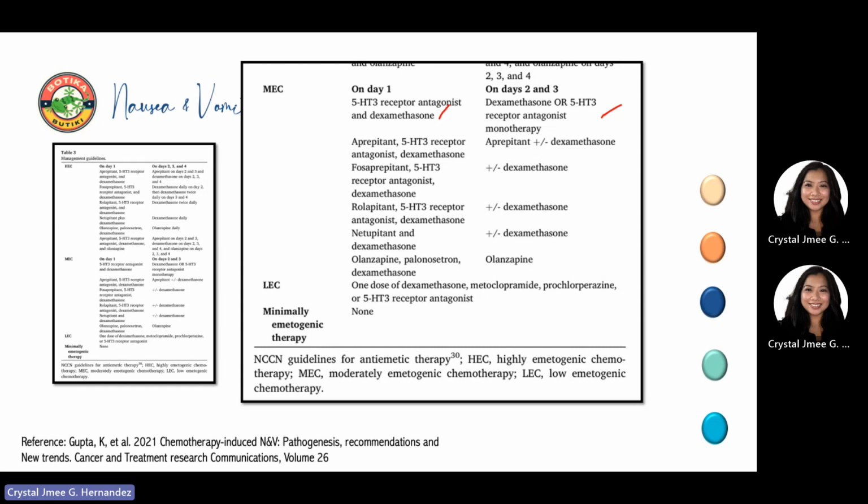And then for low emetogenic chemotherapy, one dose of dexamethasone, metoclopramide, prochlorperazine, or a 5-HT3 receptor antagonist can be used. And for minimally emetogenic therapy, no antiemetic was recommended.